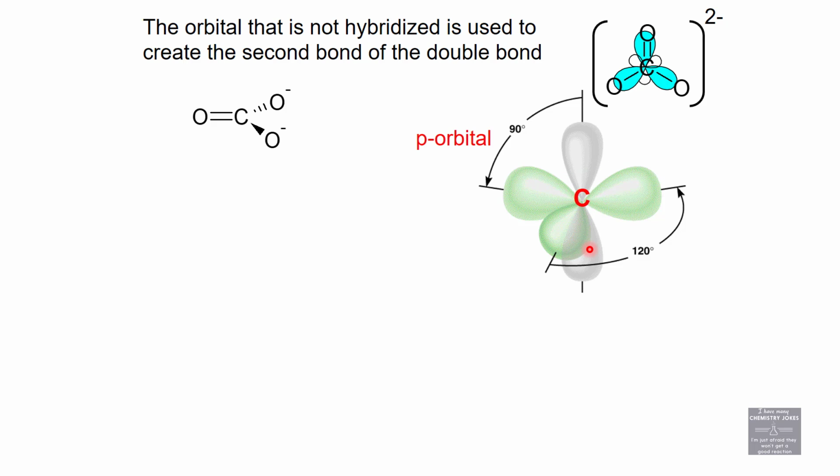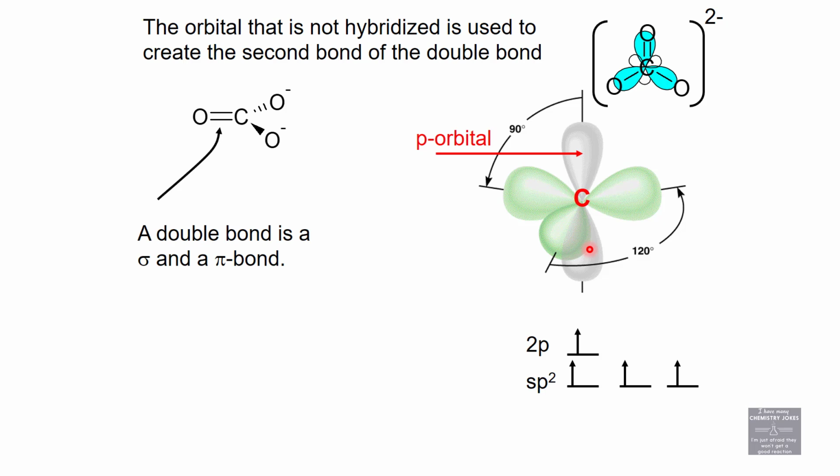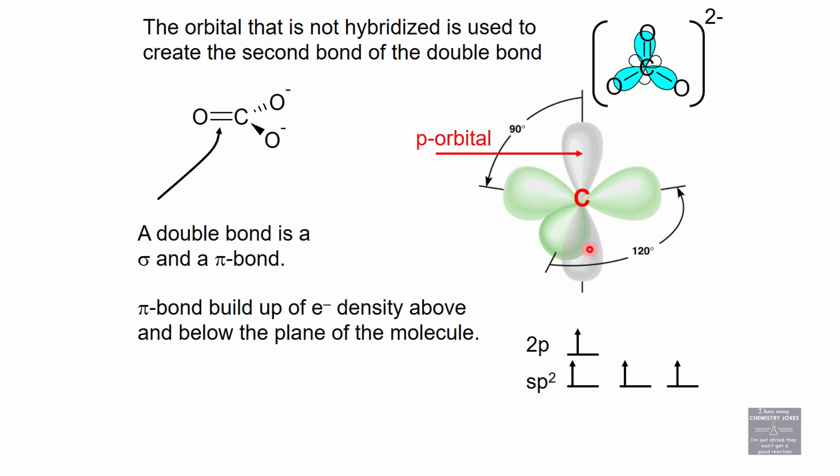This gray is my p orbital. It's going to come up eventually. All double bonds are 1 sigma and 1 pi. Because I'm having to use the p orbital, it's the p orbital that's in a different plane. It's orthogonal, 90 degrees to the other things.